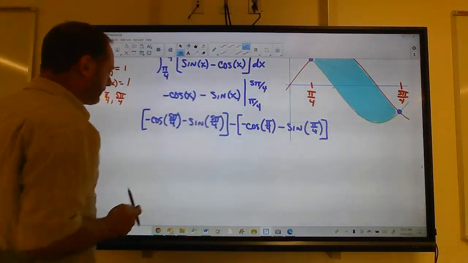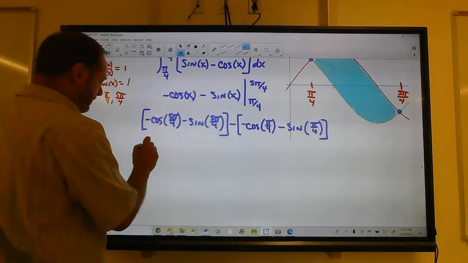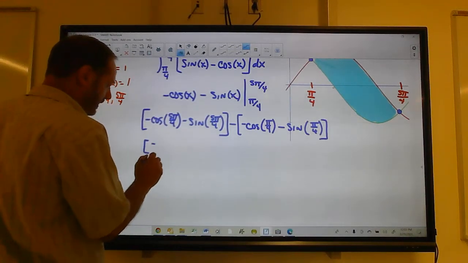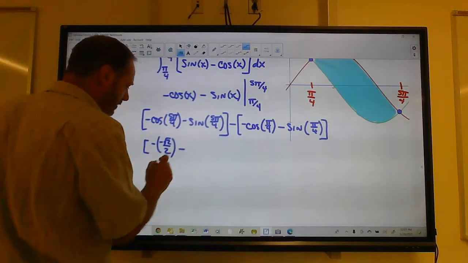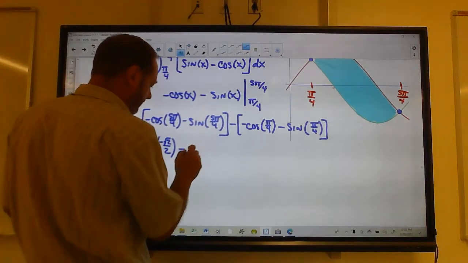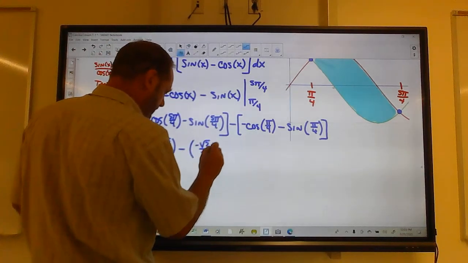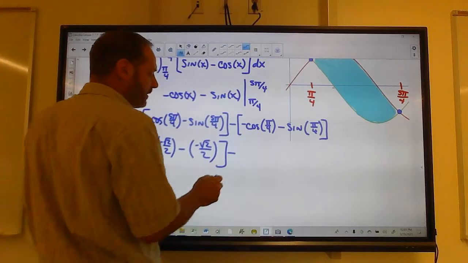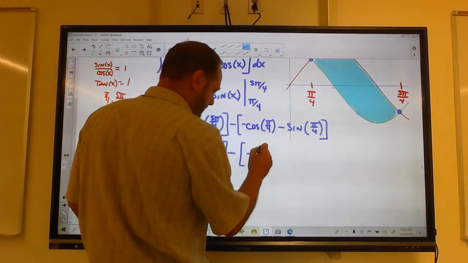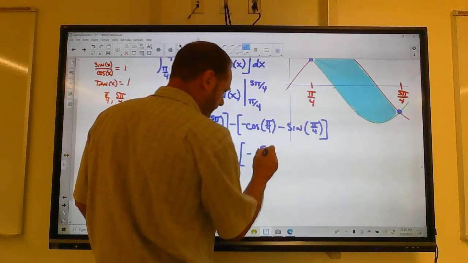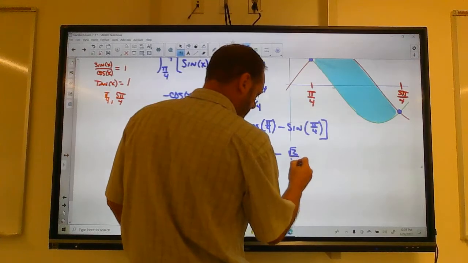So let's see. Negative cosine of 5 pi over 4 is going to be negative square root of 2 over 2. Minus the sine of 5 pi over 4 is also going to be the negative square root of 2 over 2. The cosine of pi over 4 is going to be square root of 2 over 2. And then the sine of pi over 4 is also going to be square root of 2 over 2.